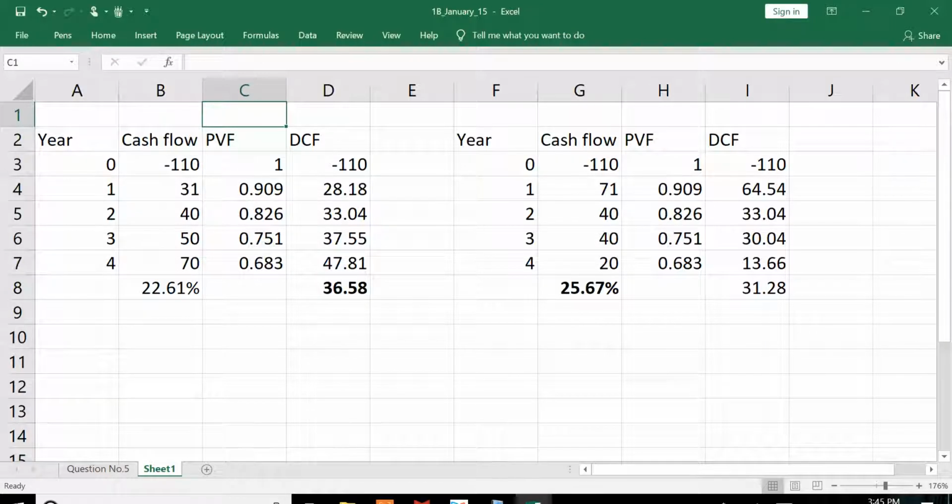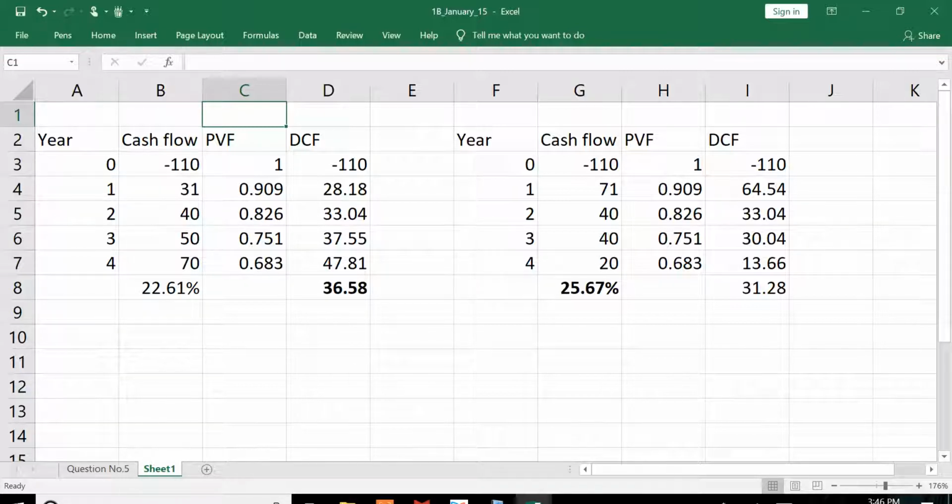You can prepare this table and then project Y. Just do the calculation.